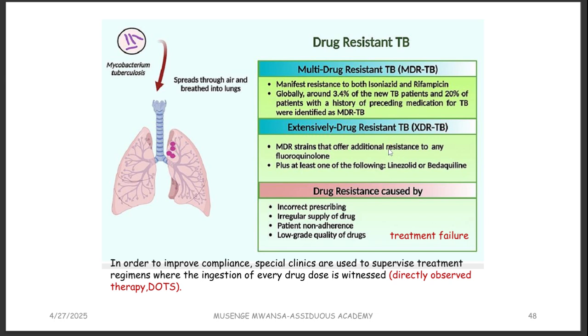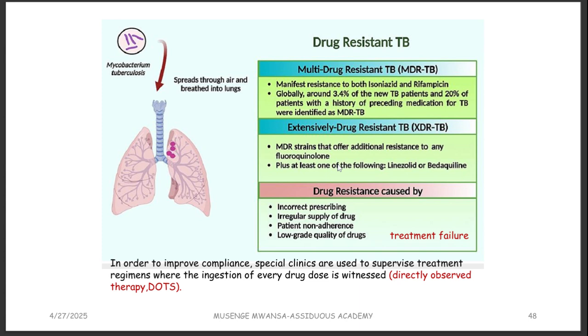If someone is resistant to isoniazid or rifampicin, and to any fluoroquinolone like ciprofloxacin, you call that XDR-TB, extensively drug resistant.